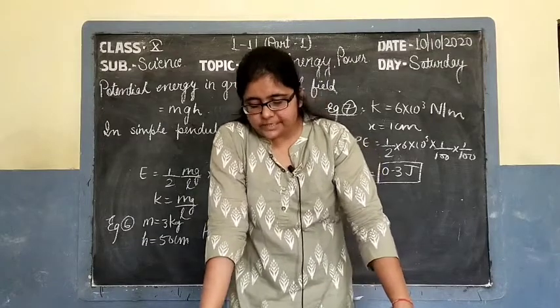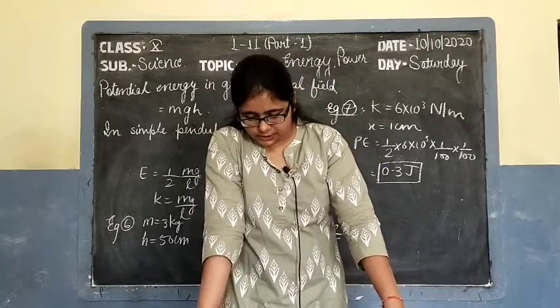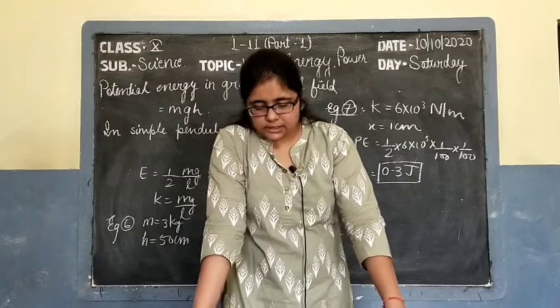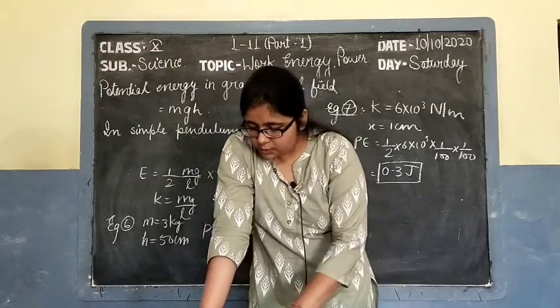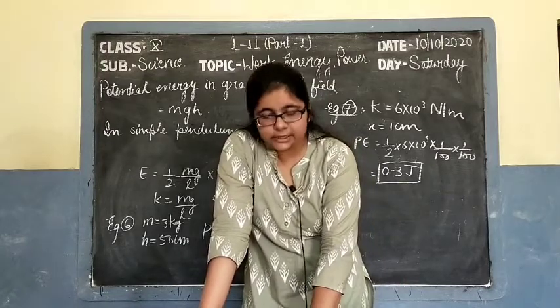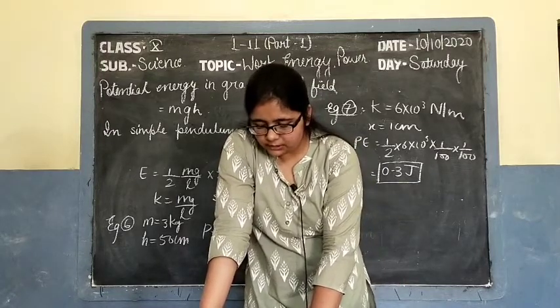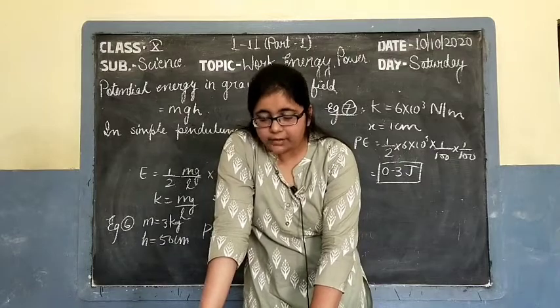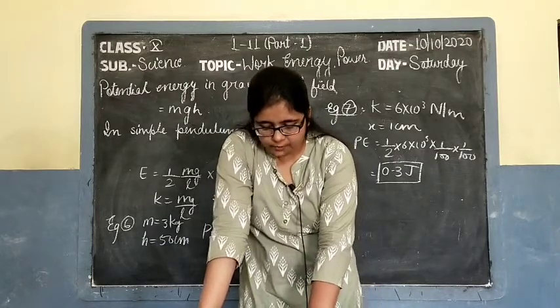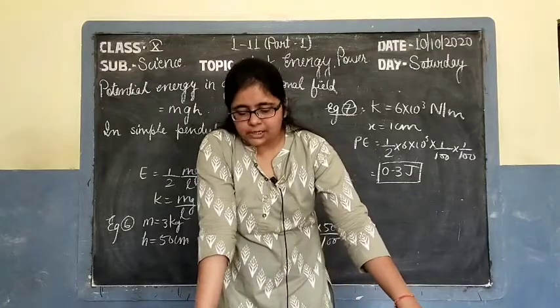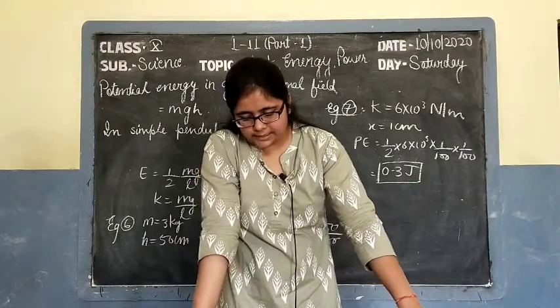So two examples are given related to the potential energy. First of all, example 6 on page number 153. A student lifts an object of mass 3 kg from the surface of the earth and puts it on a table at a height of 50 centimeter. Calculate the potential energy of the object, and the value of gravitational acceleration is 10 meter per second square.